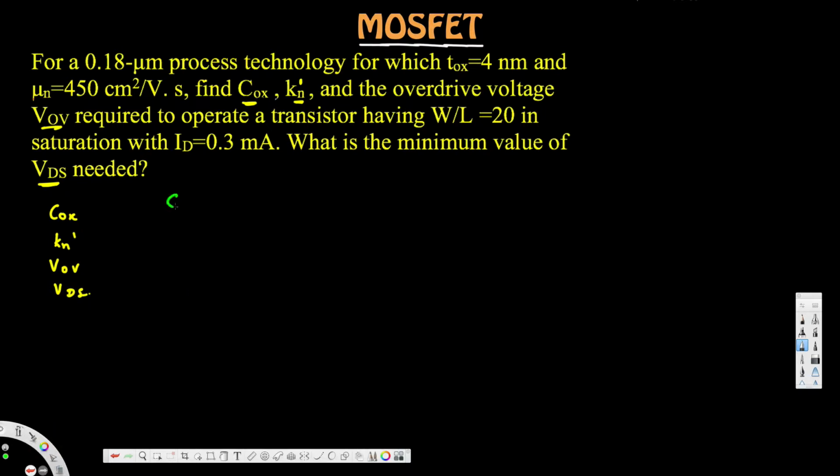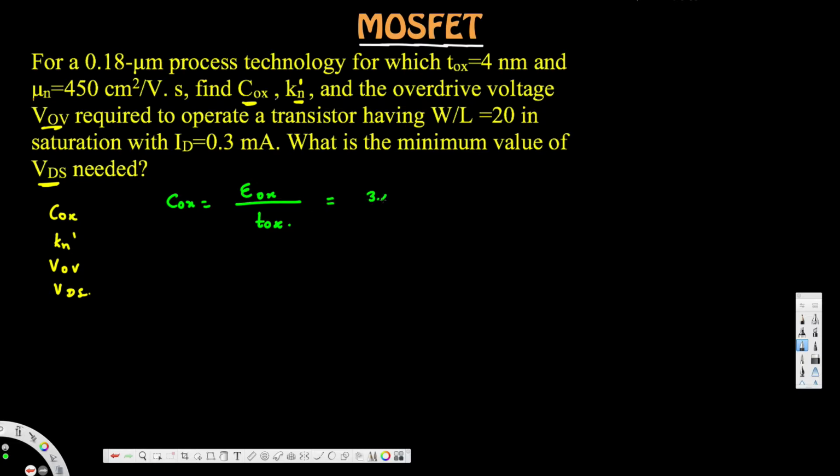To find out the COX, we just use this equation, that is epsilon OX over TOX. Epsilon OX is the silicon oxide permittivity, and TOX is oxide thickness. This one is a constant number. This is always the same value, a fixed number.